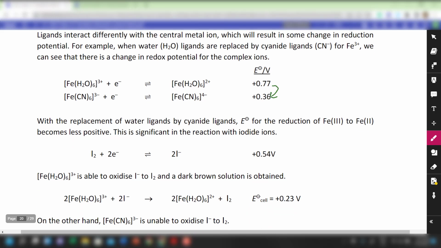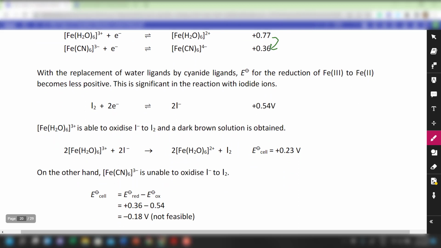Okay, so the implication is that we are aware that iron 3 can oxidize iodide to iodine. You would have seen this in your laboratory work or the tutorial examples. Yep, so when we perform a calculation of the E cell involving hexa aqua iron 3 and iodide, we get a positive E cell which is greater than 0 volts. So we'll be able to conclude that the reaction is thermodynamically feasible.